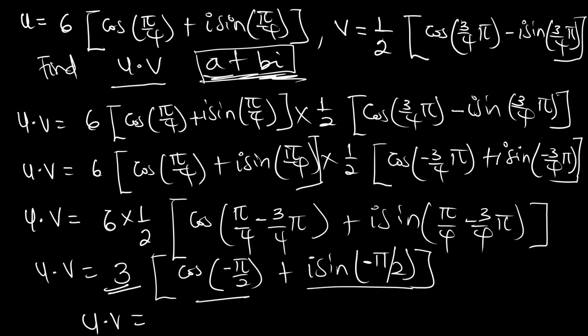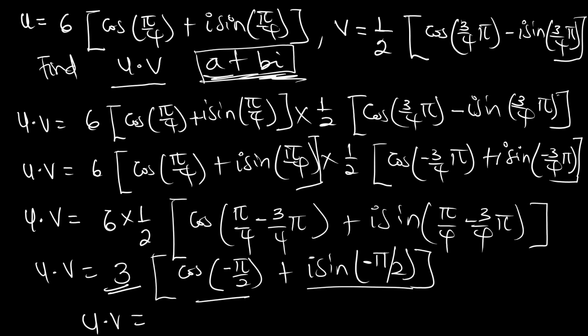So by so doing, 3 times cos negative pi over 2 is going to give us 0, because cos negative pi over 2 is 0. Since negative pi over 2 in radians is 90 in degrees, cos 90 is 0. So we are going to have 0 plus, and sine negative pi over 2 will give us negative 1, right?